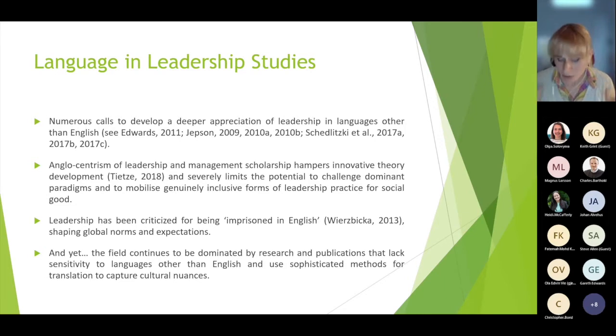So the argument has been there, not only in leadership studies, but also in wider organisation studies, for at least over a decade now.